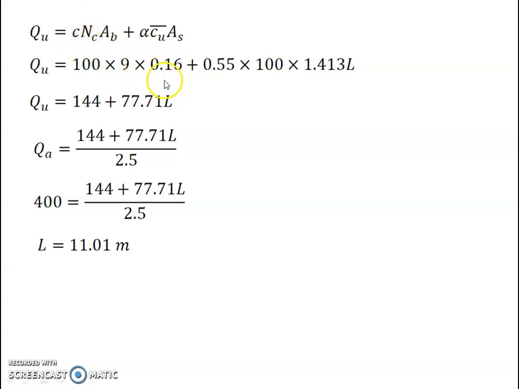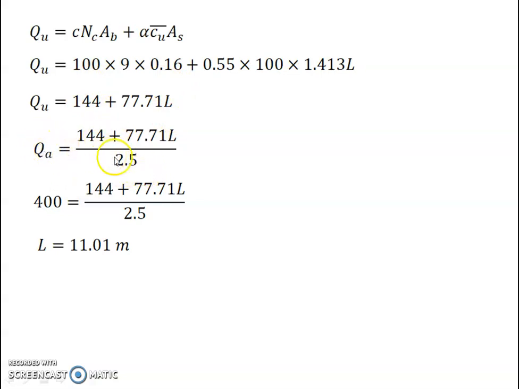Your shear strength multiplied by 0.16, the area at the base, plus 0.55, the alpha value given to us, and Cu bar; since only one soil type is given, we can assume Cu bar is equal to C here, 100 multiplied by 1.413 times L. It is the area of surface in terms of L. From that we will get the equation Qu is equal to 144 plus 77.71 times L. It is given to us that safe load is equal to Qu divided by factor of safety.